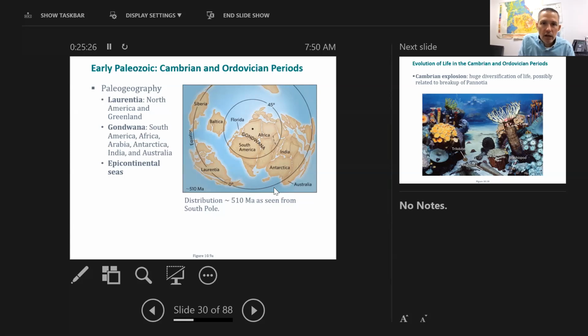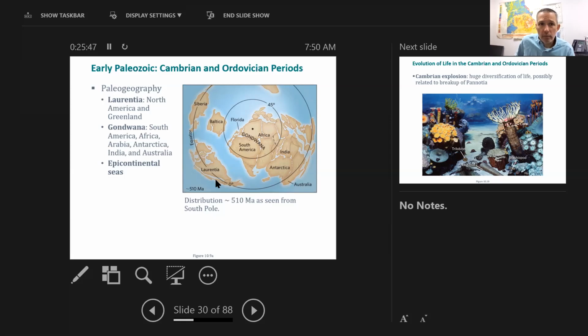Here we are in Laurasia, and you'll notice that South America and North America are nowhere near each other. And Laurasia looks not much like North America.